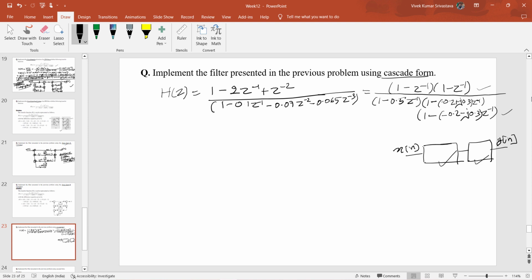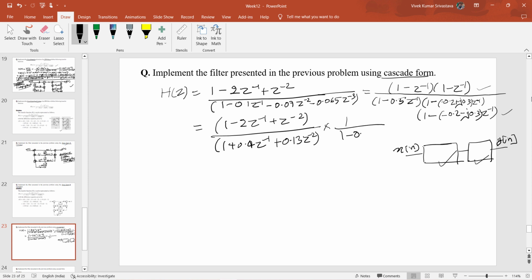So to eliminate these imaginary poles, we will multiply these terms, and then rewrite it as 1 minus 2 z inverse plus z raised to the power minus 2, over 1 plus 0.4 z inverse plus 0.13 z raised to the power minus 2, into 1 over 1 minus 0.5 z raised to the power minus 1.